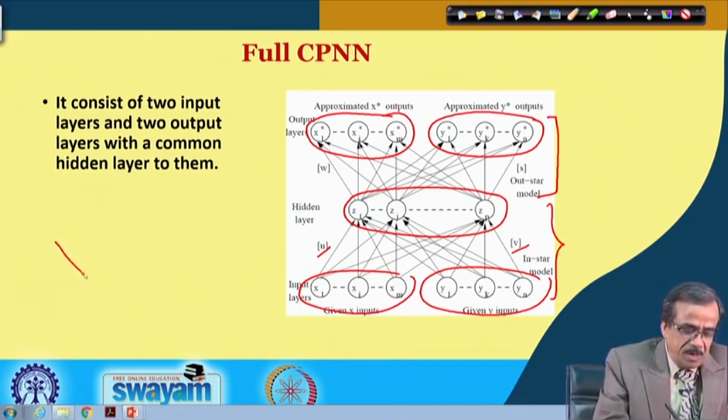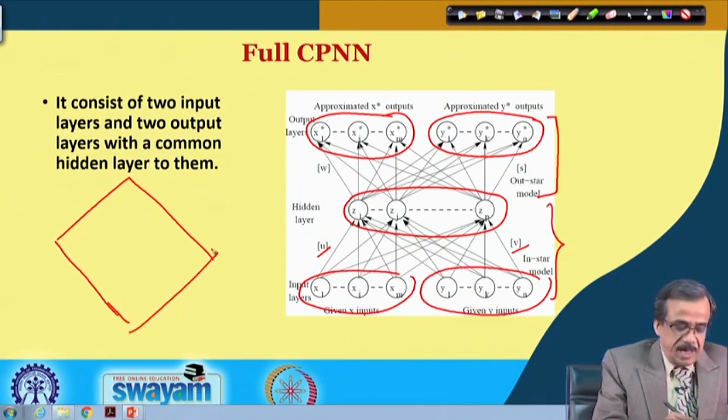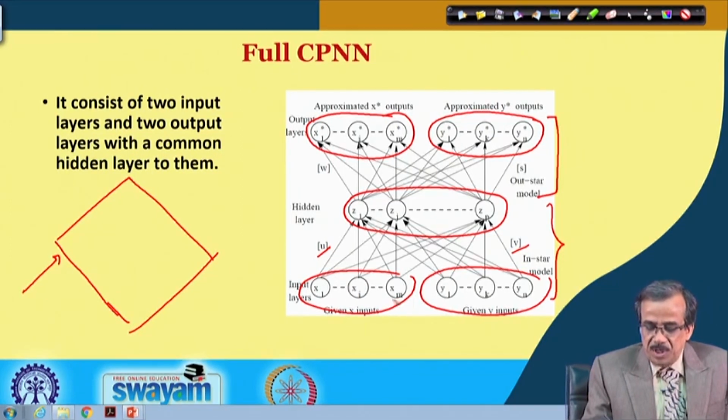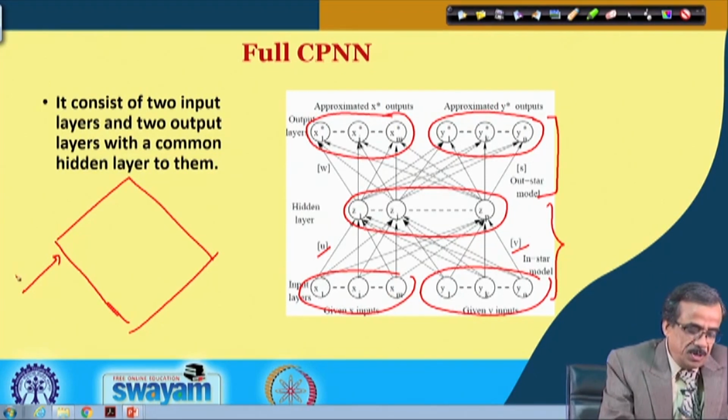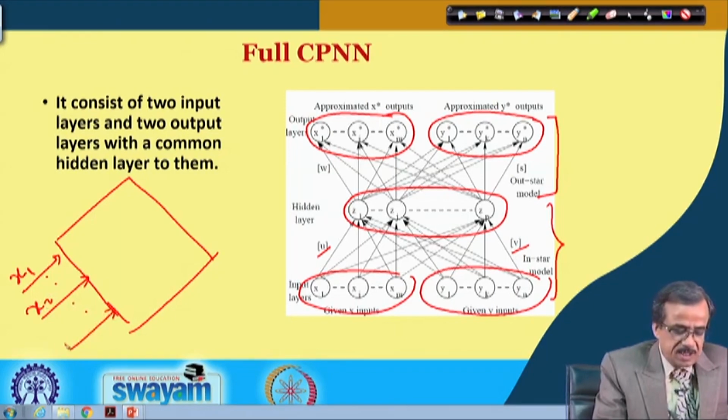Supposing that I have got a process and I am going to model it. This process has m number of inputs, x 1, x i up to x m. So, this is x 1, then comes x i and then x m.